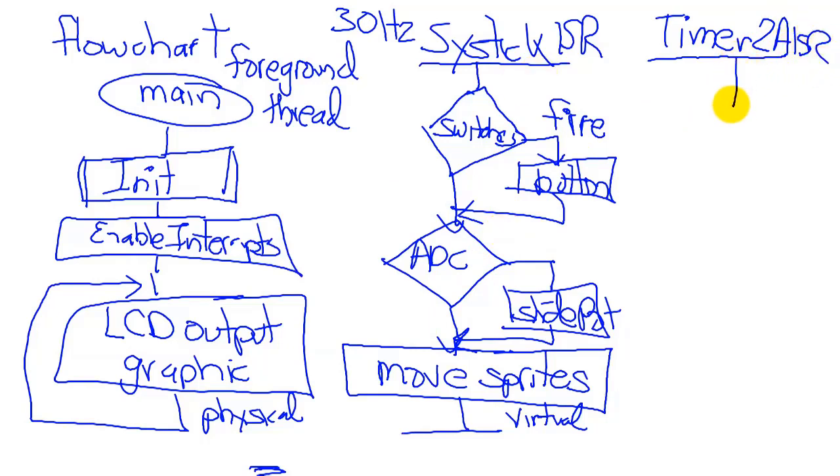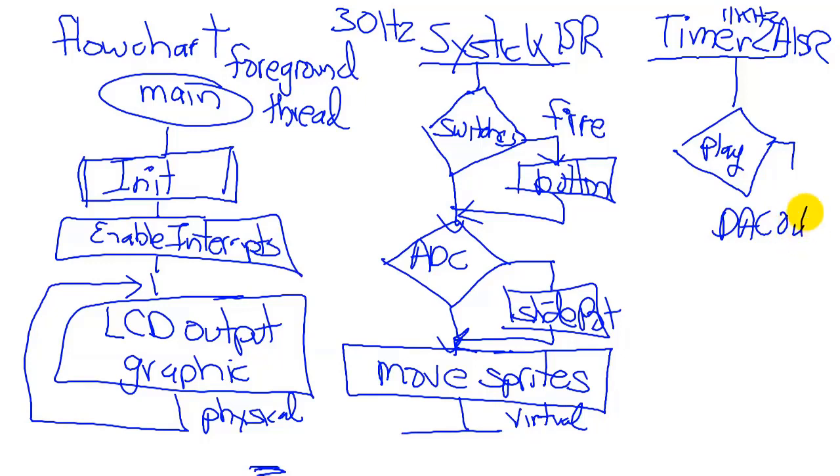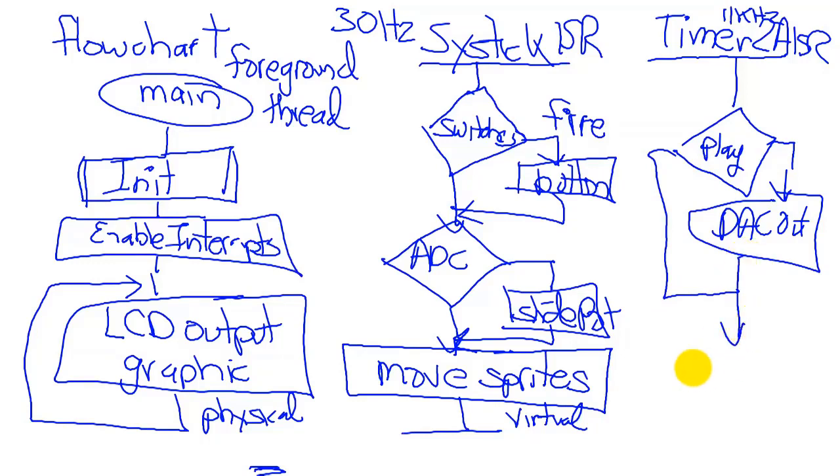This interrupt service routine is going to run a lot faster. It's going to run at 11 kilohertz and generate a sound. And so if it's time, or if we wish to play a sound, we will do the output to a DAC. And if we wish to not play a sound, we won't do an output to the DAC.